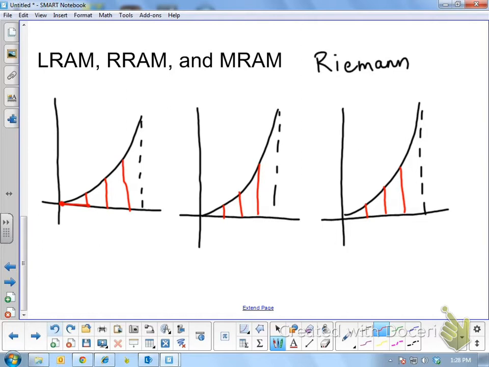What if I do this one? We would start here. So we start at the left. That's why it's a left Riemann sum, because we're starting from the left side. So this one we'd start at the left. This one's the last rectangle. With a right Riemann sum, we start at the right side.